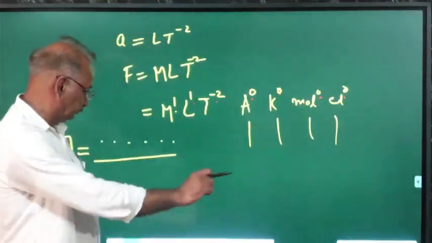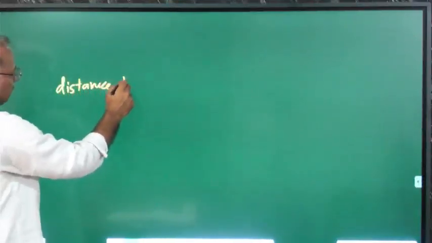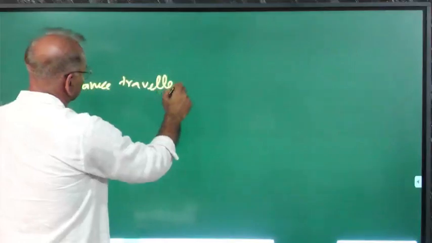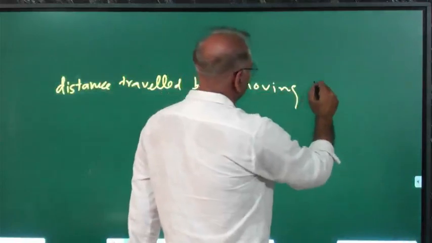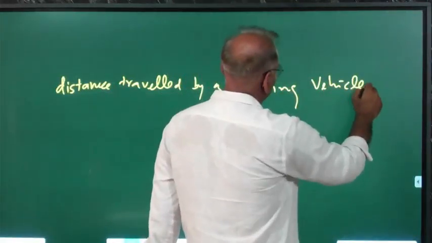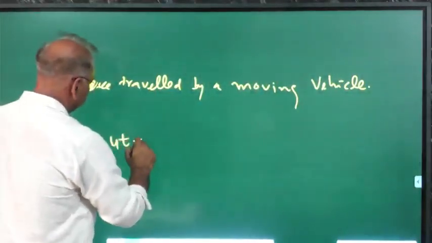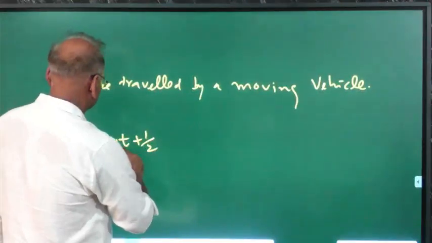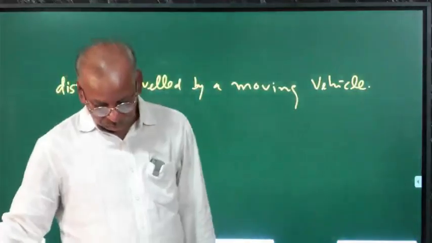Like, suppose the distance traveled by a moving vehicle is expressed as equal to ut plus half at squared.